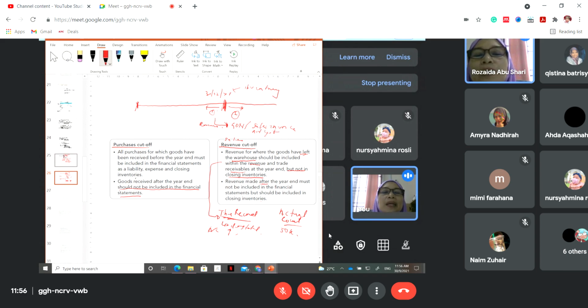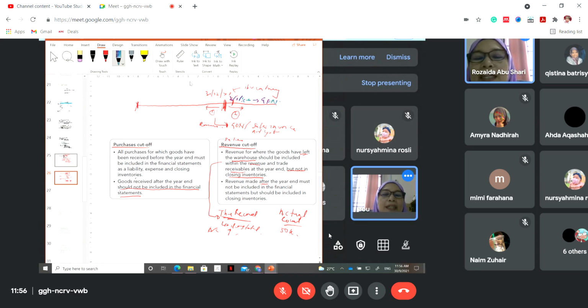So kalau dia berlaku kat sini after year end, dia deliver. Okay, dia deliver after year end. Katalah it delivers on 2nd of January X2. Good delivery note issued.